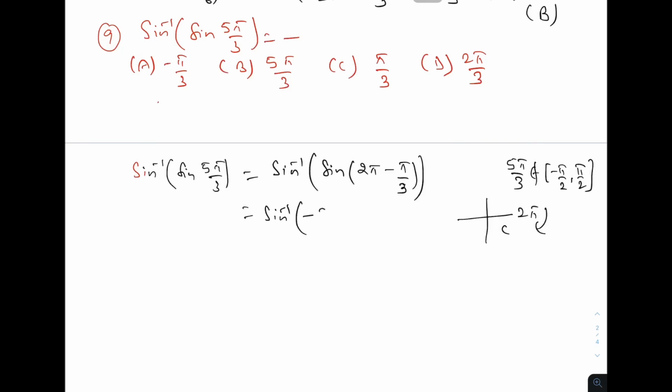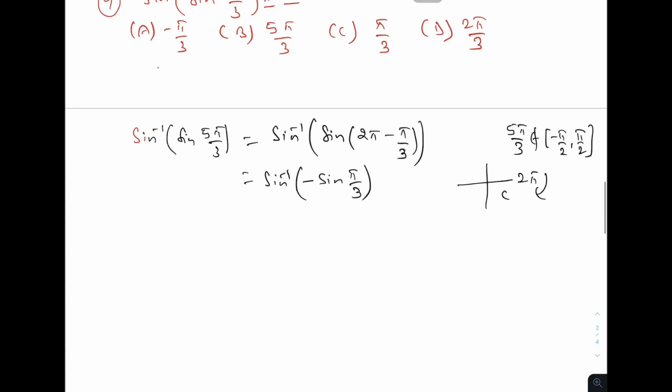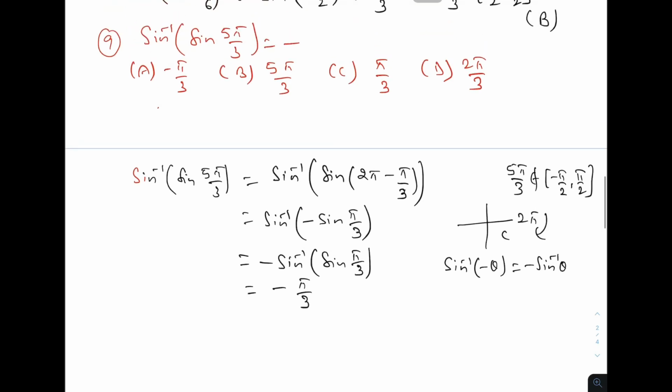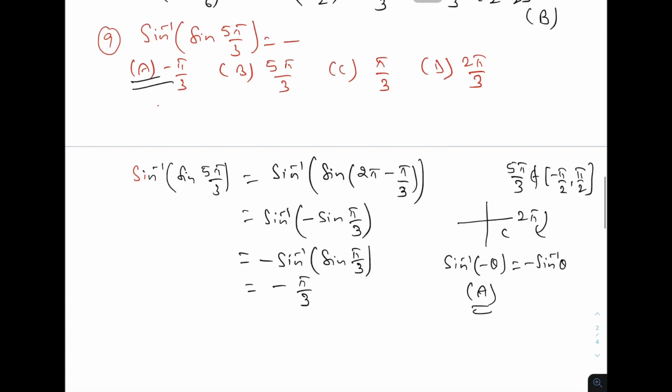So sine inverse minus sine pi by 3, and sine inverse minus theta is equal to minus sine inverse theta. So this is minus sine inverse sine pi by 3, and that is equal to minus pi by 3. So the answer is minus pi by 3.